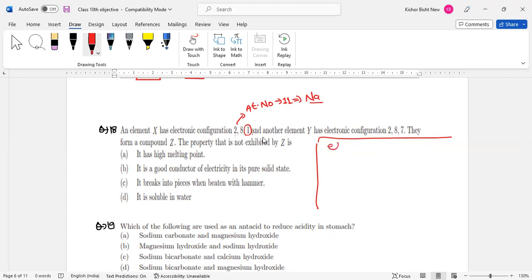Generally, elements that contain 1, 2, 3 electrons in their last shell are metals.